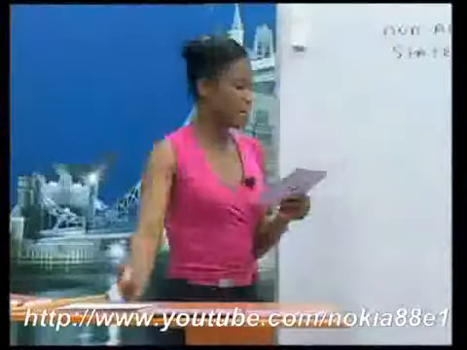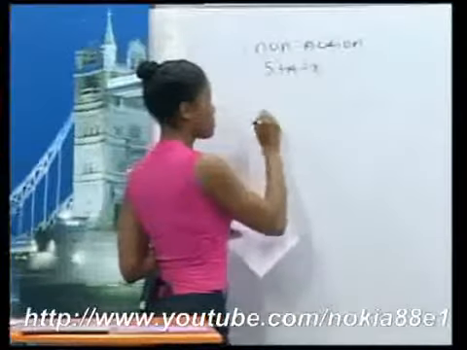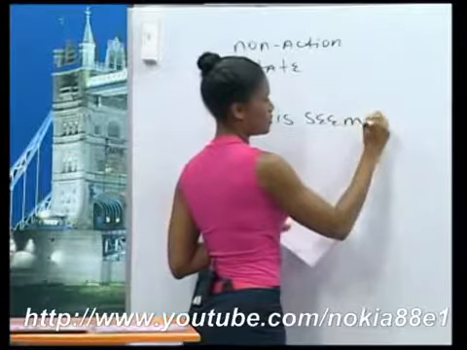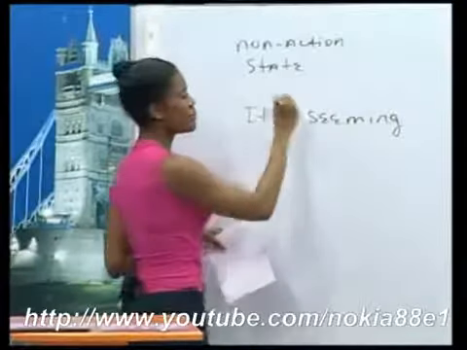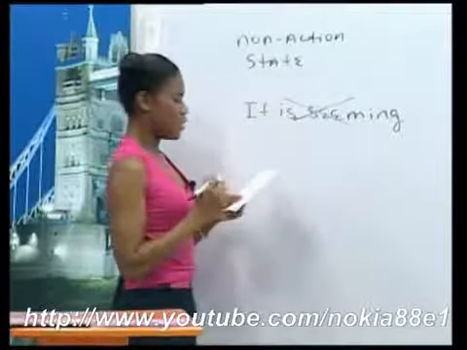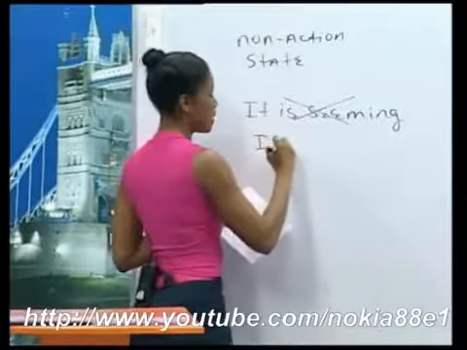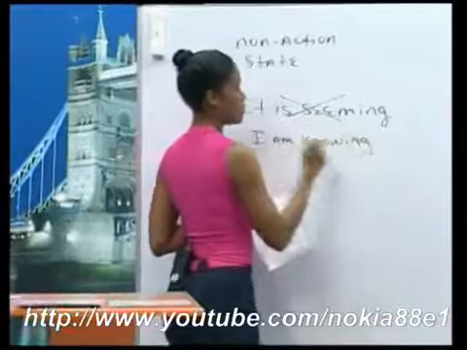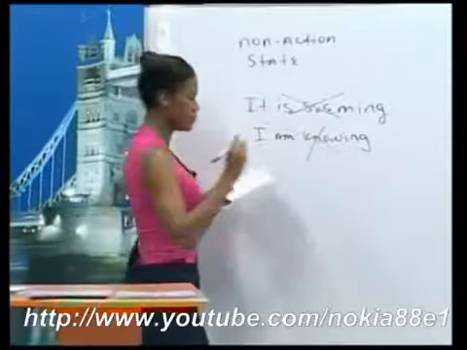So you cannot say, for example, it is seeming. No, we don't say that. And you cannot say, I am knowing. No, that's wrong also.